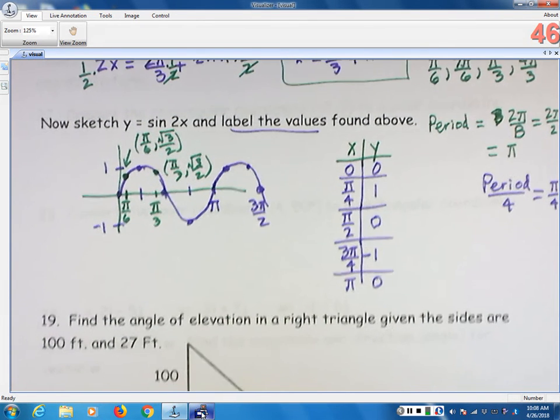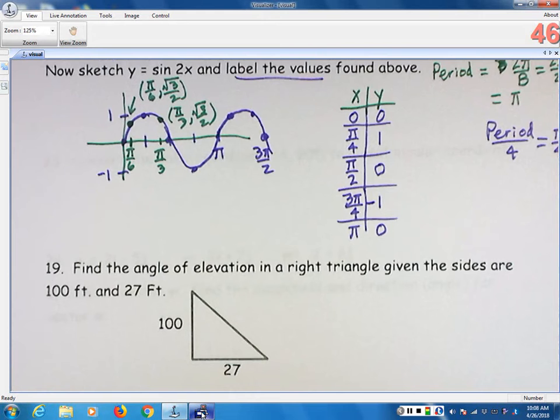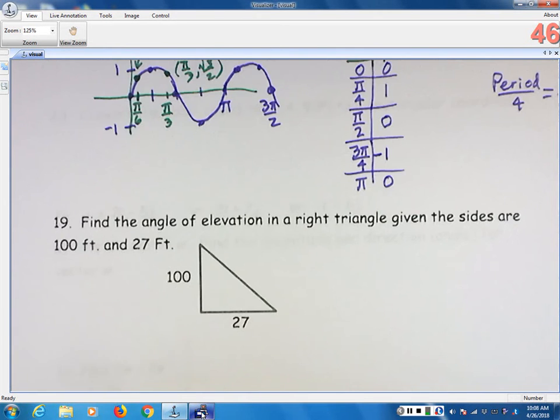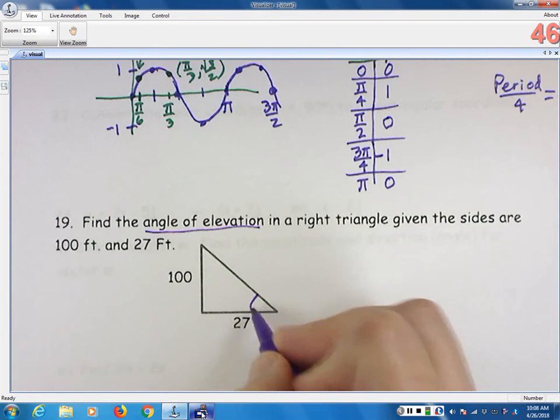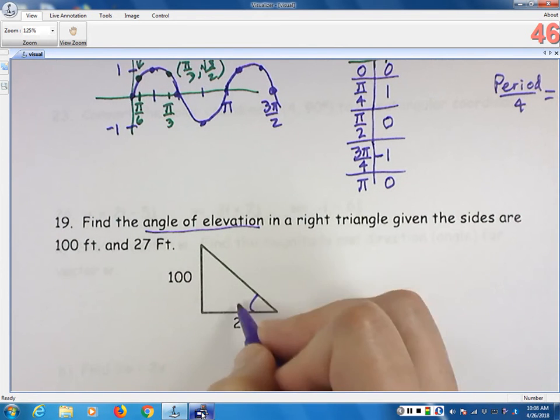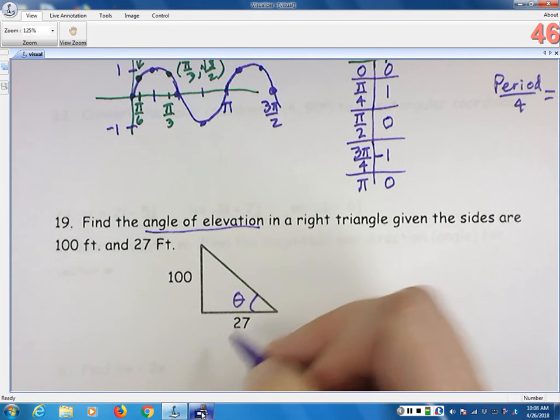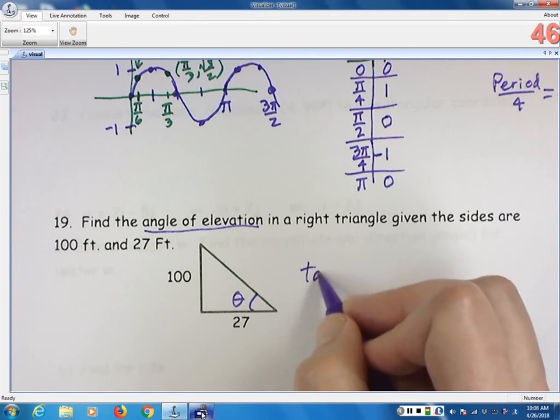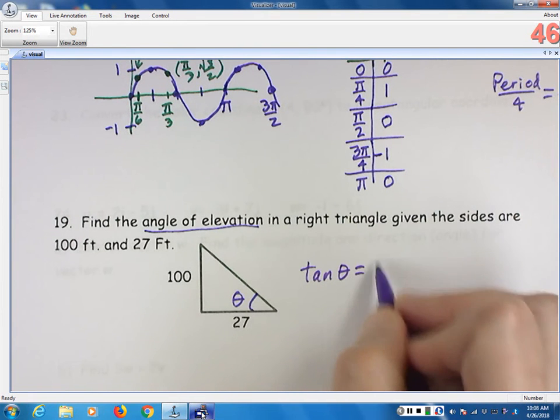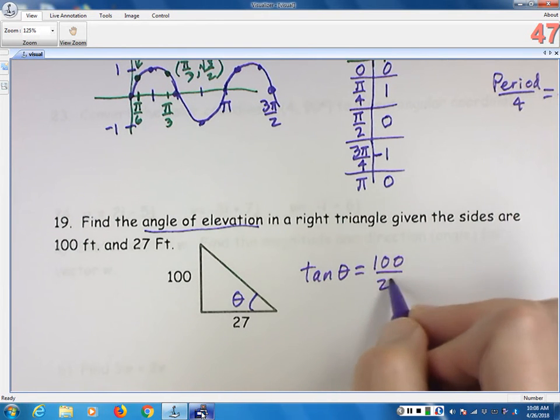Okay, find the angle of elevation in a right triangle. So, just got to remember the angle of elevation is from the horizon up, so that's our angle. Tangent theta then will be 100 over 27.